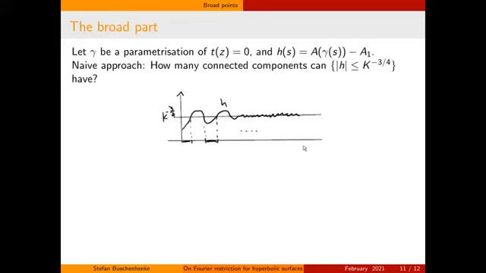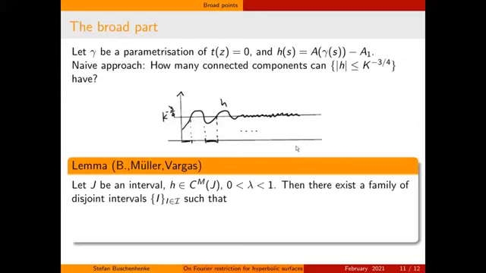But actually, we could use a lemma from some previous work where we studied flat one-variate perturbations. It is the following. We have h, some C^m function on an interval J, and lambda is some level. Think of lambda being k to the minus 3 over 4.